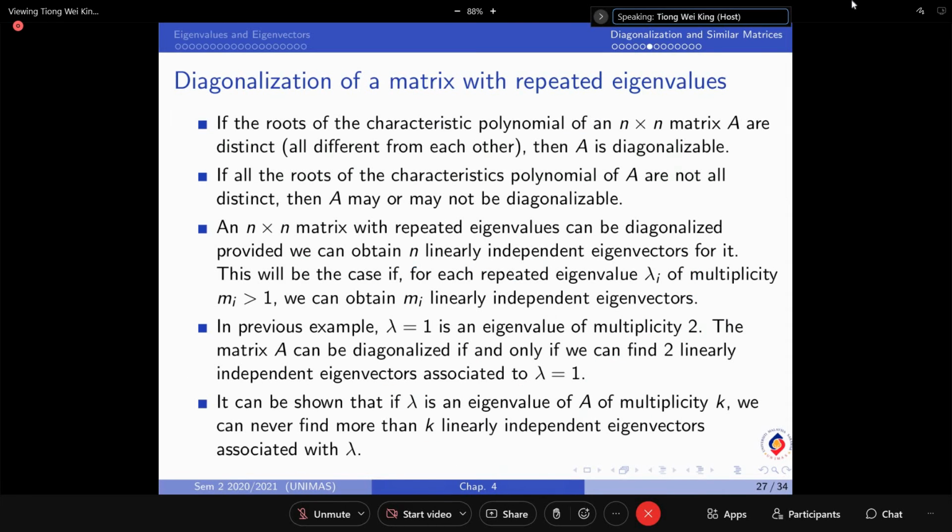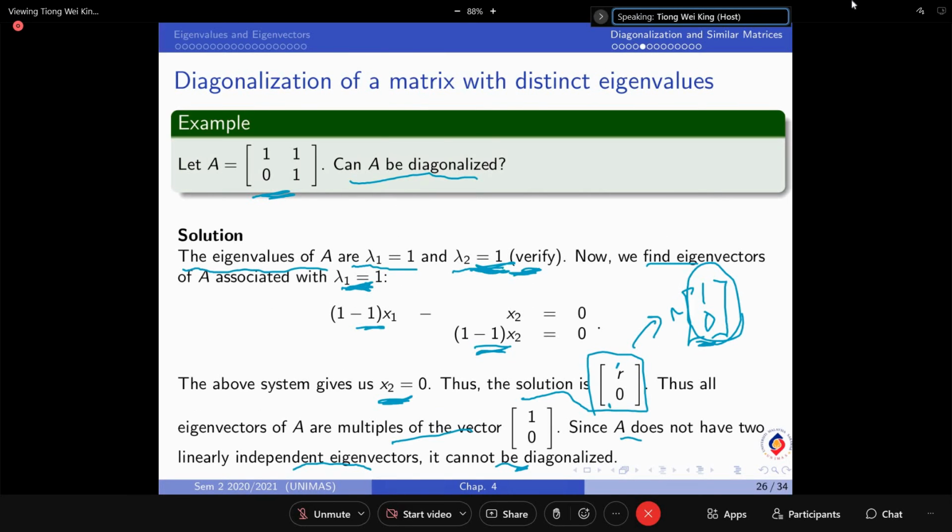So that's why we have another point here, about the diagonalization of a matrix with repeated eigenvalues like this, where lambda equals 1 is repeated 2 times.